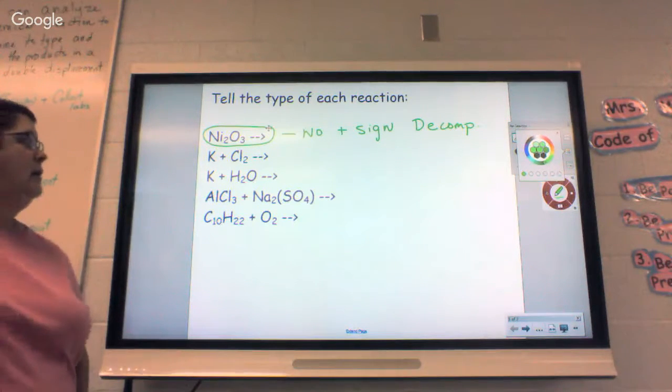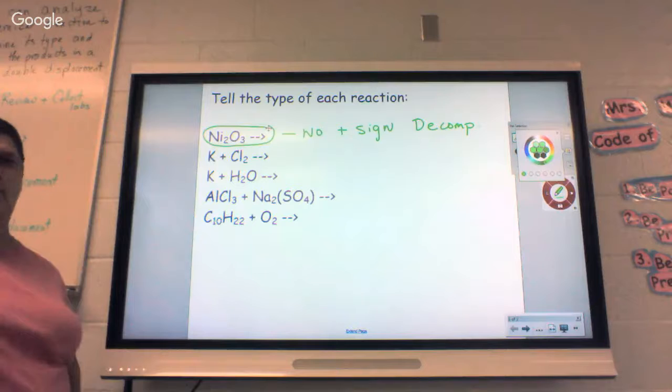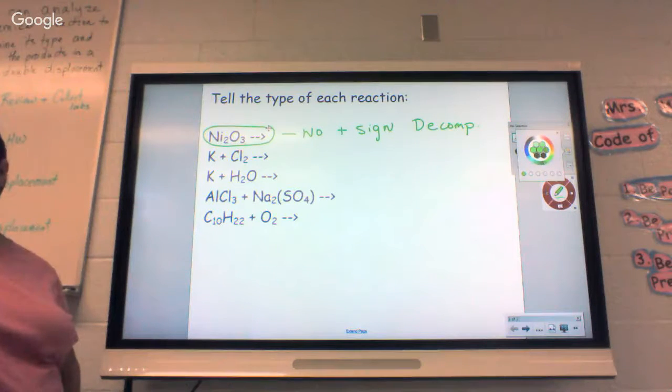Okay. And the second one, you have a plus sign. So that leaves us the other four. Decomposition is out. Is it an element plus a compound? It's two elements.